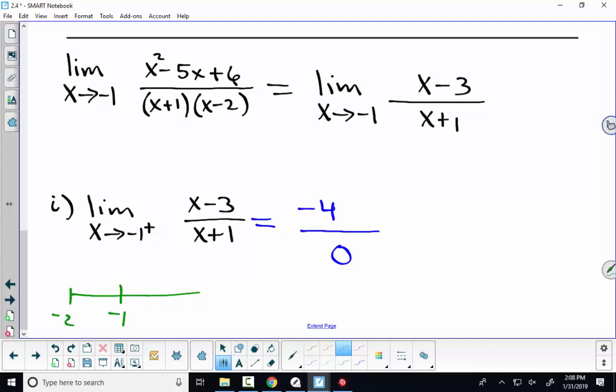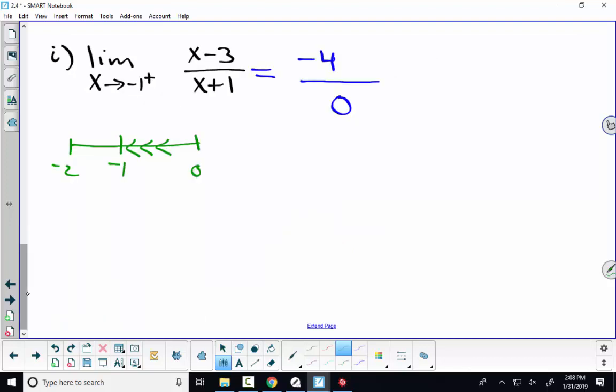Here's -1. As we approach -1 from the right, we're taking all of these numbers, like -0.9, -0.99, all of those numbers are added to 1. So those end up giving us a tiny positive number. Do y'all agree? Have any questions? Okay. So we've got a negative over a positive.